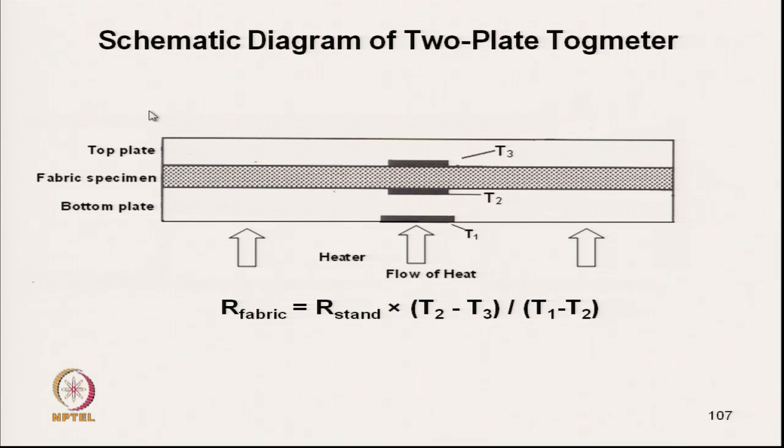Now, this is the schematic diagram of the two plate TOG meter. There is a bottom plate which is heated by the heat flow.